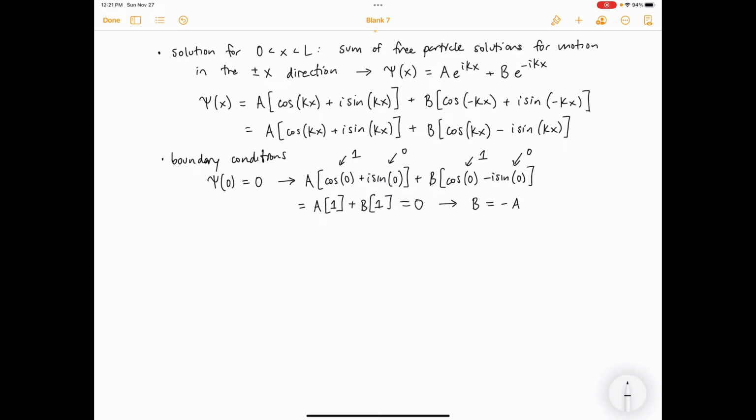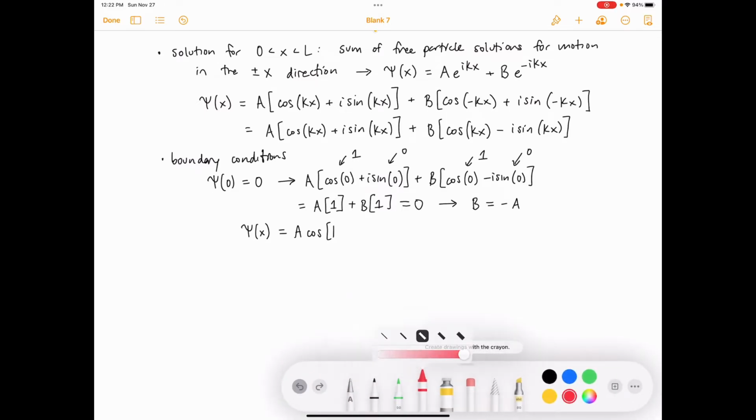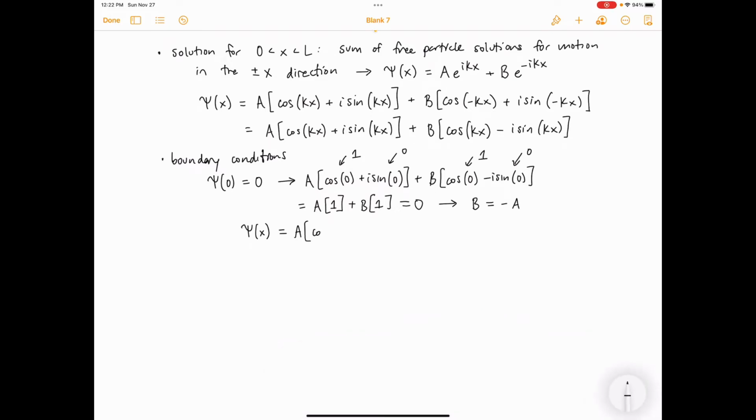So by applying the first boundary condition, we were able to come up with the fact that this constant b in our wave function is just the negative of the constant a in our wave function. Okay, so let's write down what our wave function looks like now that we know this. Now we have psi of x equals a times the cosine of k times x, like this, and then plus i times sine of kx.